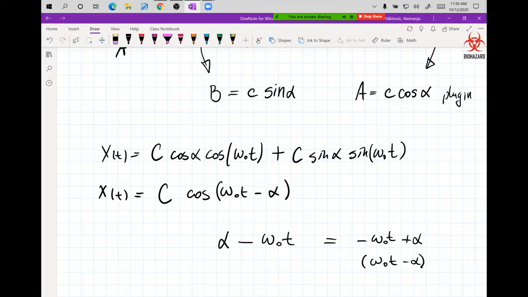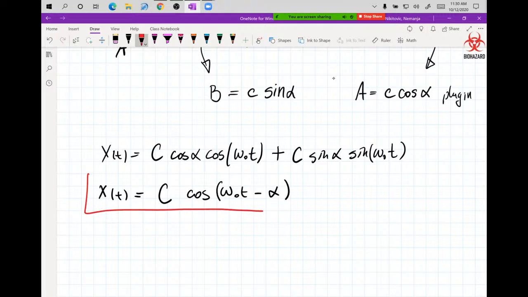For those of you who are really good with trig and mathematics, you pick that up immediately, that I had them in the wrong order. If I have them in the wrong order, with a cosine it doesn't matter, because once you factor that minus, cosine is an even function, it kills that minus anyway. I would be in trouble if it was a sine, but because it's a cosine, I just wanted to point that out.